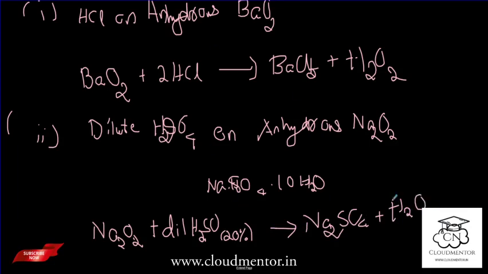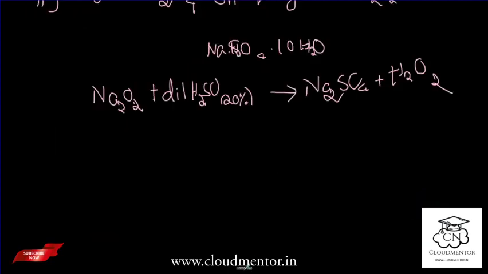And this was the second method, and we have one more method, that is by the action of dilute phosphoric acid, H3PO4, on hydrated BaO2, the barium peroxide.